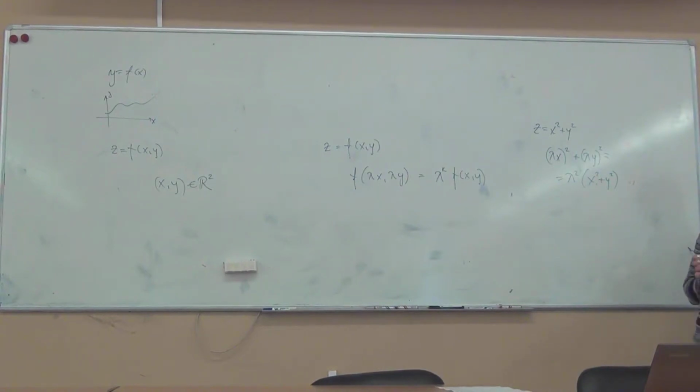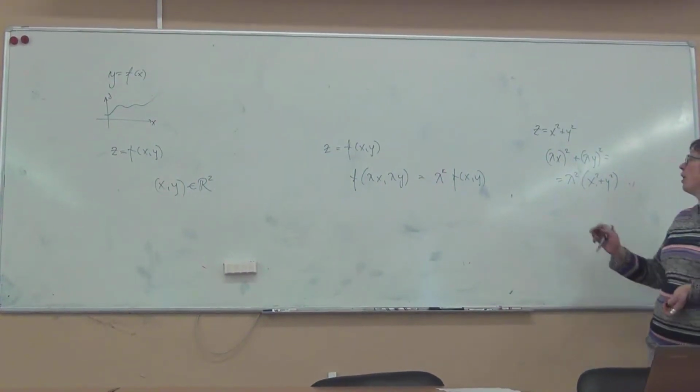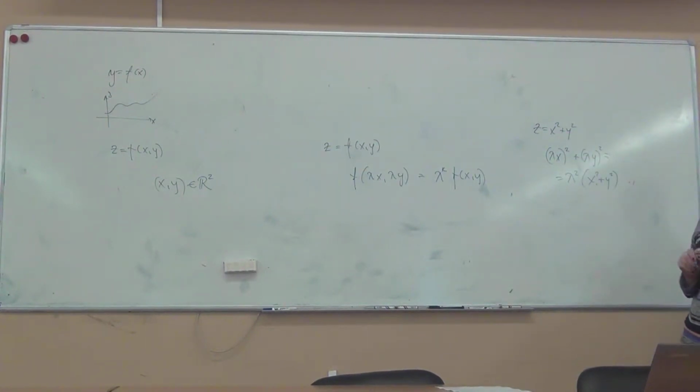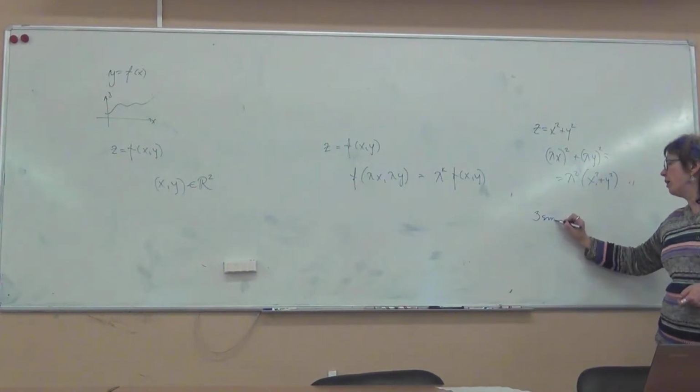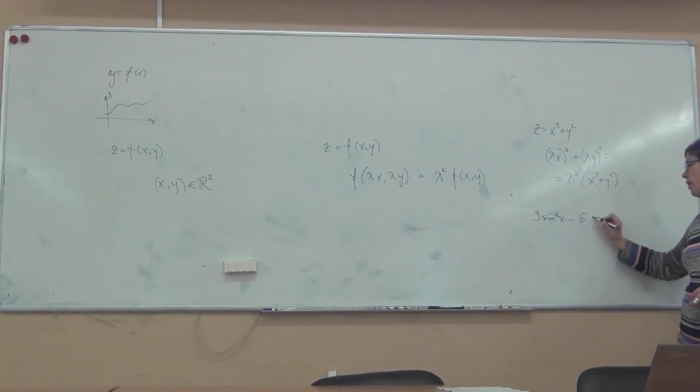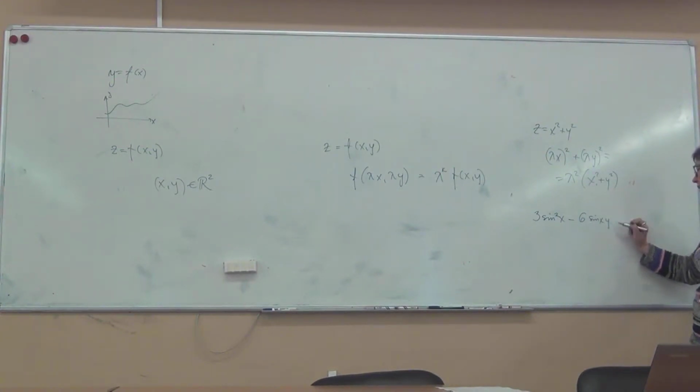Homogeneousness is a bit difficult to define naturally, although I do hope that in high school you were familiarized with homogeneous equations. For example, a homogeneous equation in two variables, or homogeneous trigonometric equations, perhaps yes, perhaps no. For instance, 3 sine squared x minus 6 sine x cosine x plus cosine squared x equals 0.